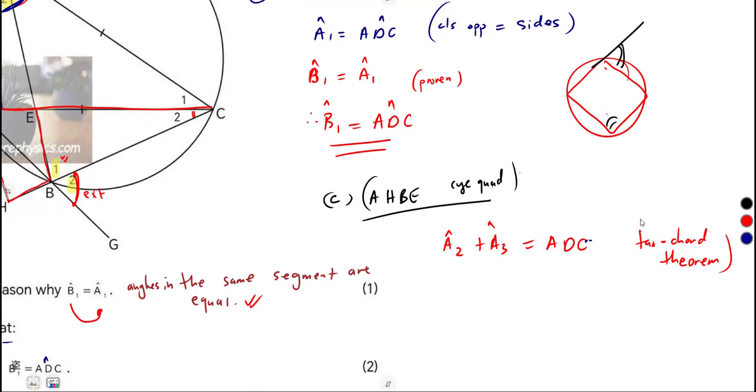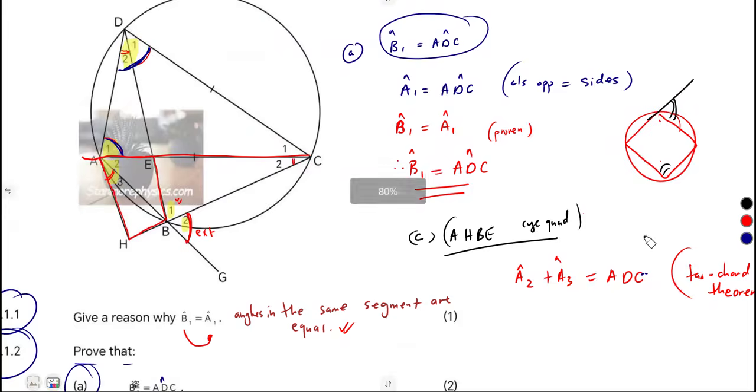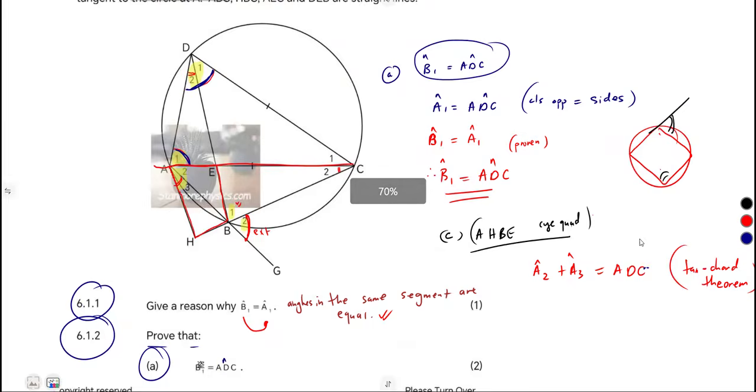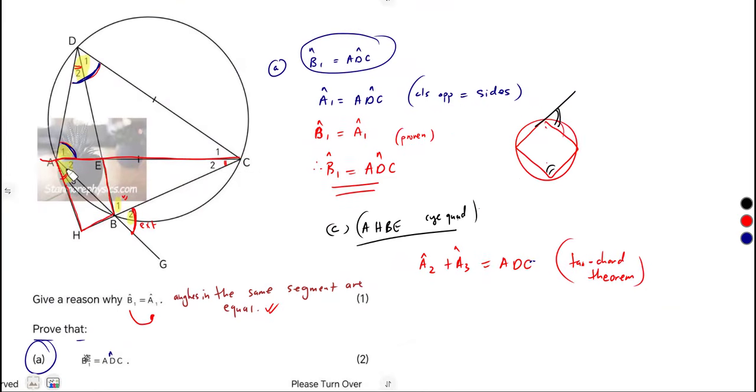That is our tan chord theorem. But remember about ADC, guys, what we need here is the exterior angle. Since we have A2 and A3, like this interior, this opposite interior must be equal to the exterior angle. So let's find the exterior angle.